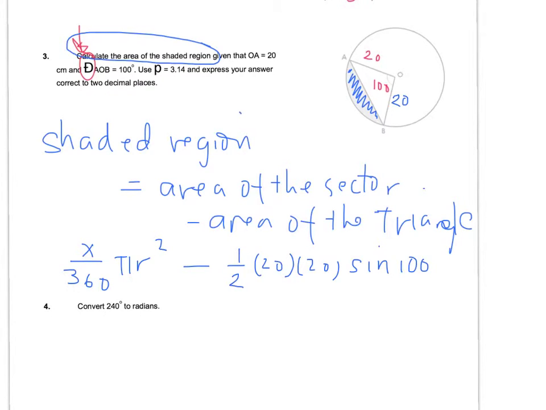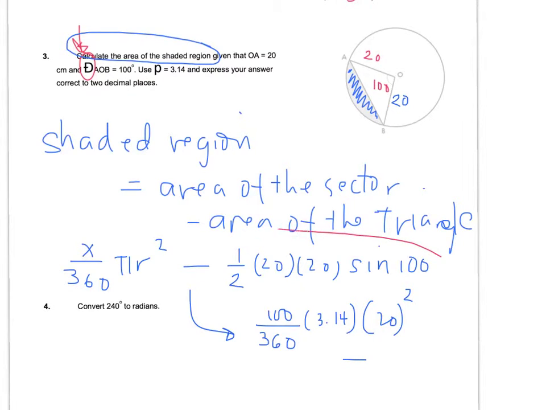The next step is to put the corresponding numbers on x and r. So the solution becomes x is 100 over 360 times pi is 3.14, the radius is 20, and then you have to square. Then minus the resulting value of 1/2 times 20 times 20 times sine 100, which is 196.96.